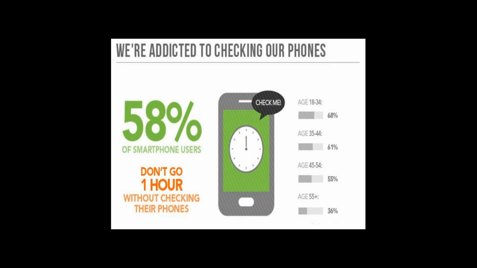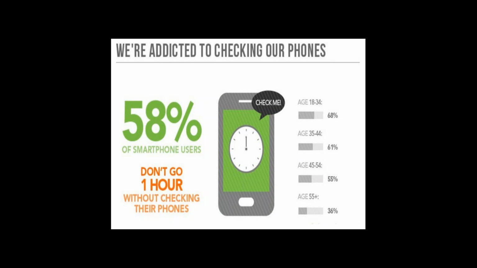Let's move to the next part, which is a survey. It says 58% of smartphone users don't go an hour without checking their phones. Quite surprising, huh? Now shall we observe the age group wise statistics? For ages 18 to 34, it's 68%. Well, quite an obvious thing to observe, huh?